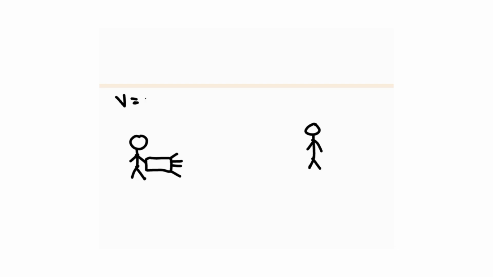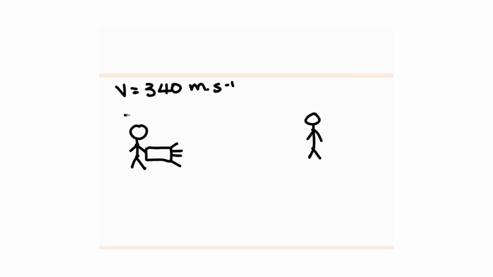The velocity of sound, or the speed of sound, let us say it is 340 meters per second, and your friend is moving towards you. He's walking towards you with a speed of 10 meters per second, and the bazooka is emitting a frequency of, let us say, 820 hertz.